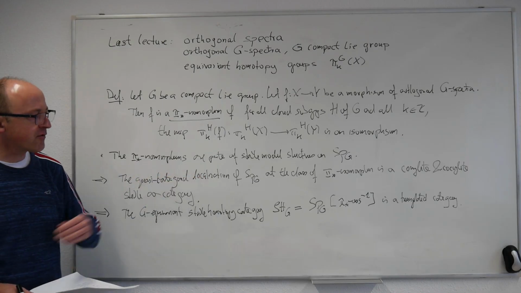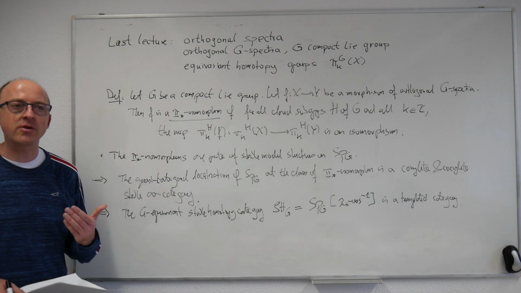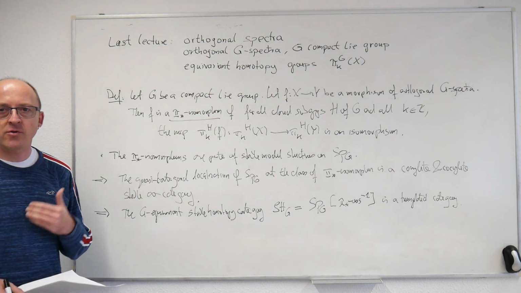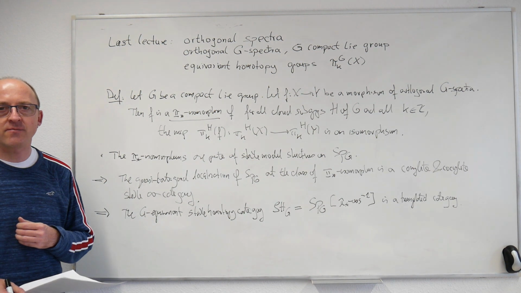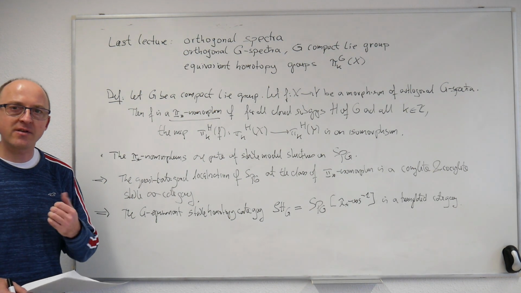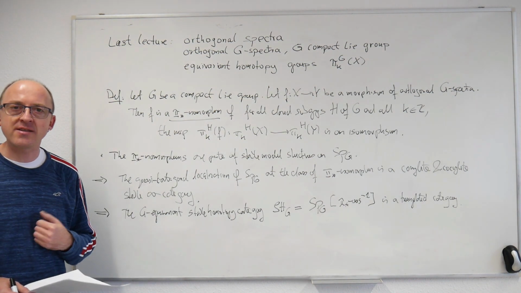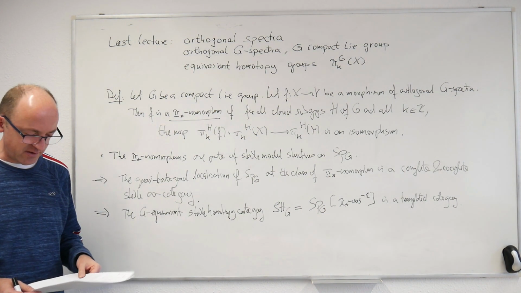So triangulated, of course, in particular means, and this is also important, that it's an additive category. So the Hom sets come to us with abelian group structures, such that composition is additive in both variables, and we have finite sums and finite products, and the canonical map is an isomorphism.